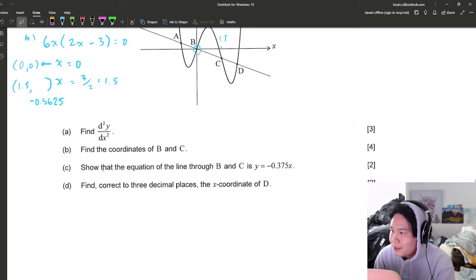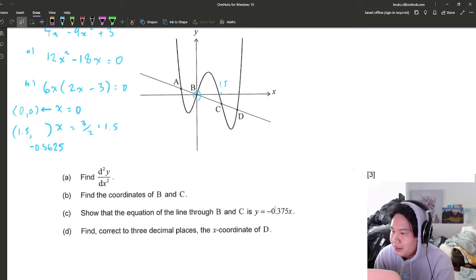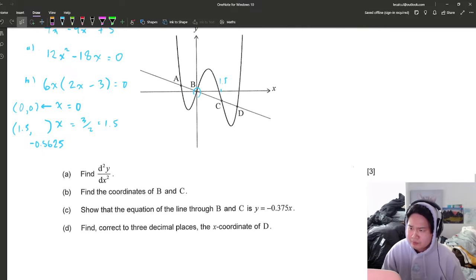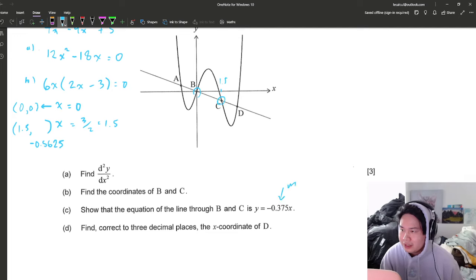Then show that the equation of the line through BC is this. Okay, so this is a linear equation, and all you need to find out is the slope. We do have 2 coordinates, B and C, so you can literally just find the slope, or the gradient, using y2 minus y1. So I'm just gonna do C minus B, which is easy because B is just 0, 0.